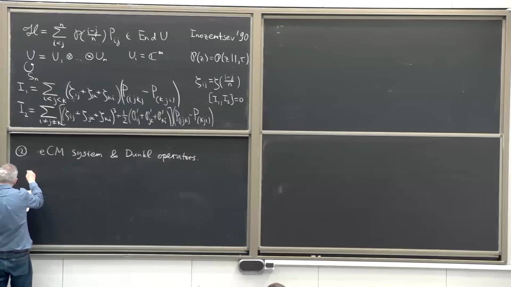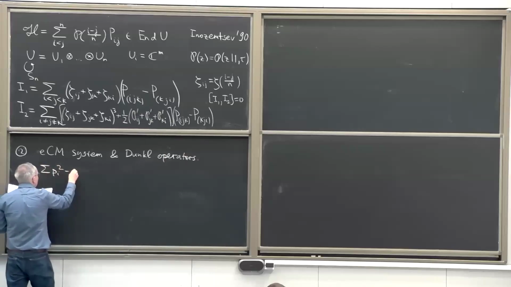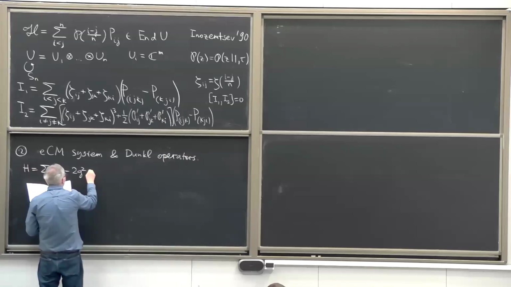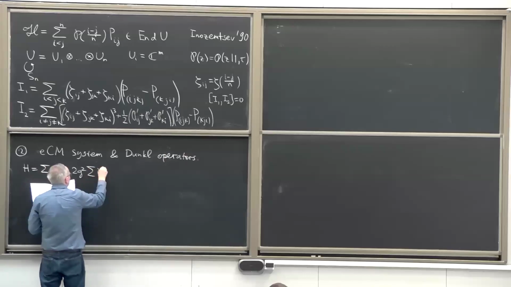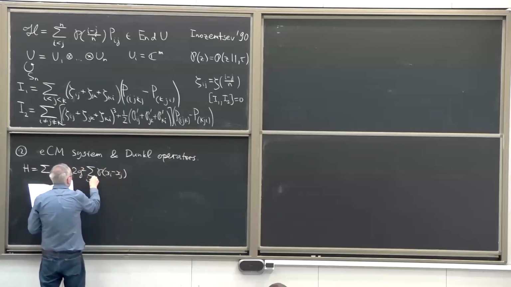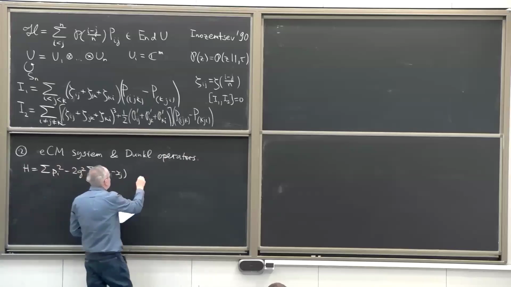The classical system looks like this, and then it has a quantum analog, and both are integrable.